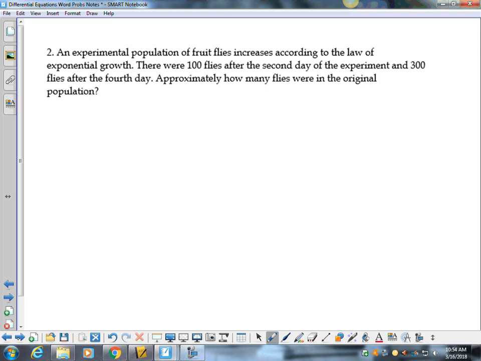There were 100 flies after the second day of the experiment and 300 flies after the fourth day. Approximately how many flies were in the original? So what, guys, what are we looking for? There you go. I'm looking for C.